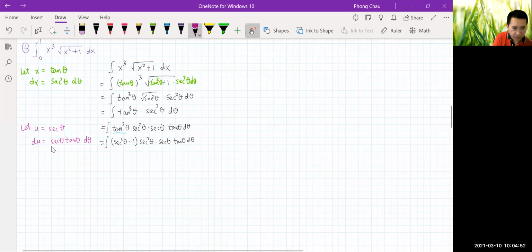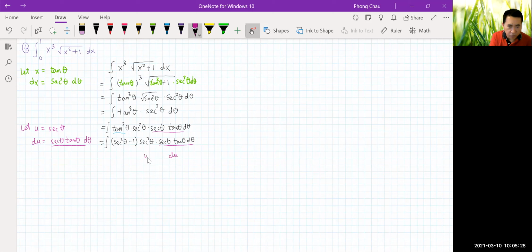I want secant tangent, right? So that is the du. The secant is the u. So the tangent squared needs to be written in terms of secant or u. So notice that tangent squared is the same as secant squared minus 1. Again, those are the identities you should memorize by now. And then from here, you do the substitution, right? So that is u.